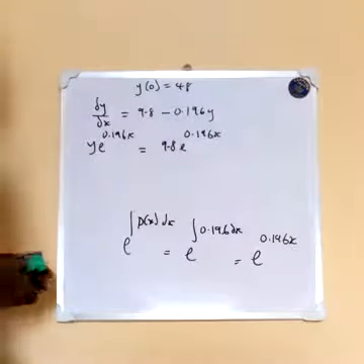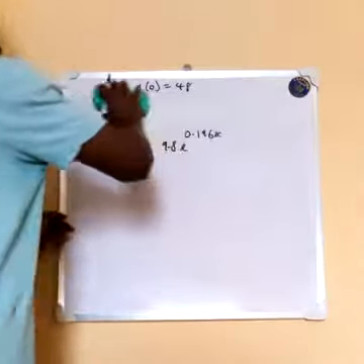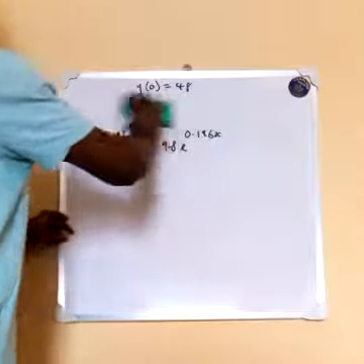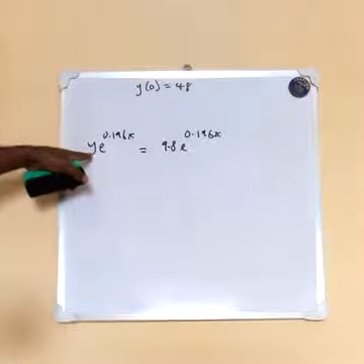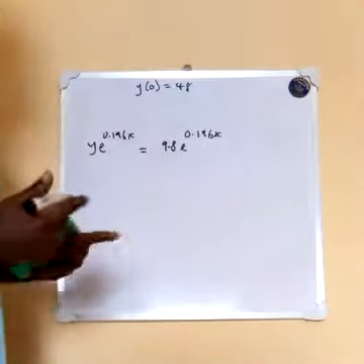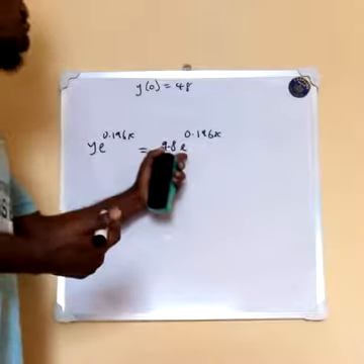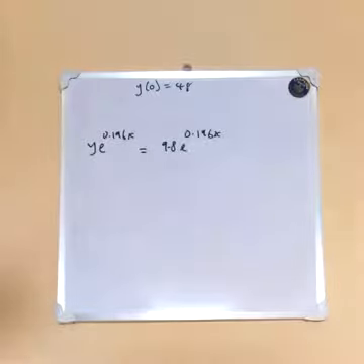That is what you have now. So the integrating factor is used to multiply y, which is the function. Then q(s), which is 9.8, you also multiply by the integrating factor. This is how you solve a first order linear differential equation.